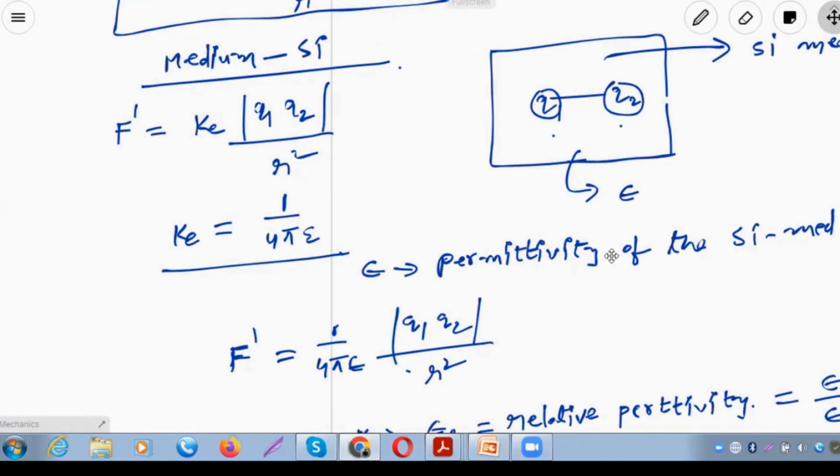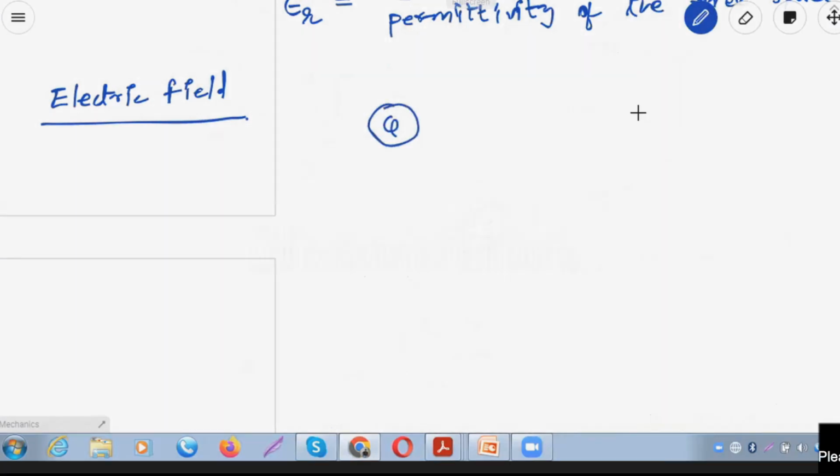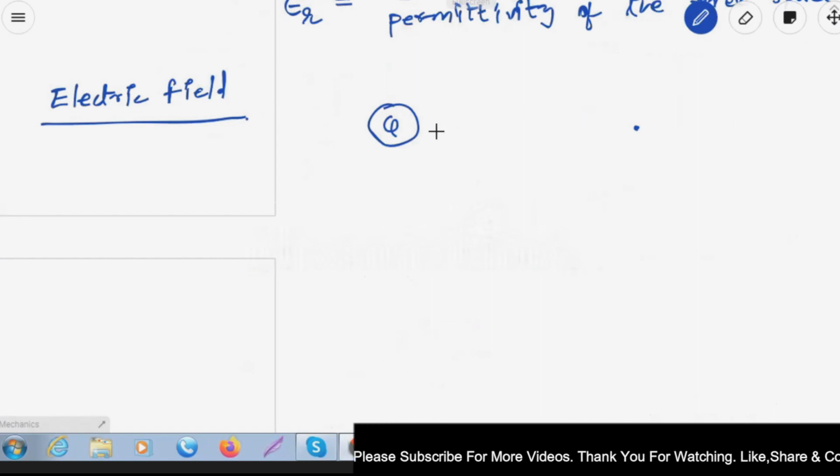Right. Now, what is meant by an electric field? That is the next question. Suppose I take the charge Q here, and it will attract another charge surrounding it, or it will repel, right?